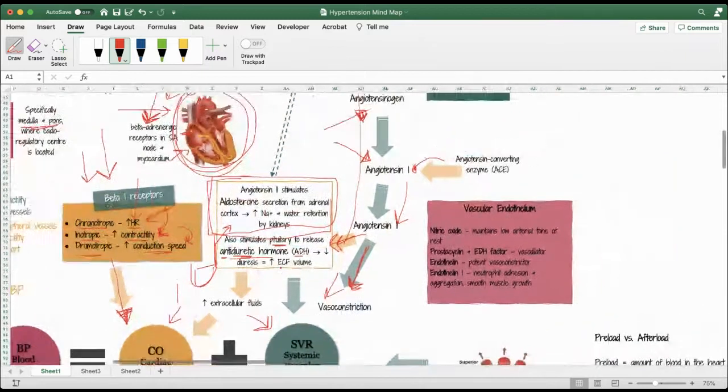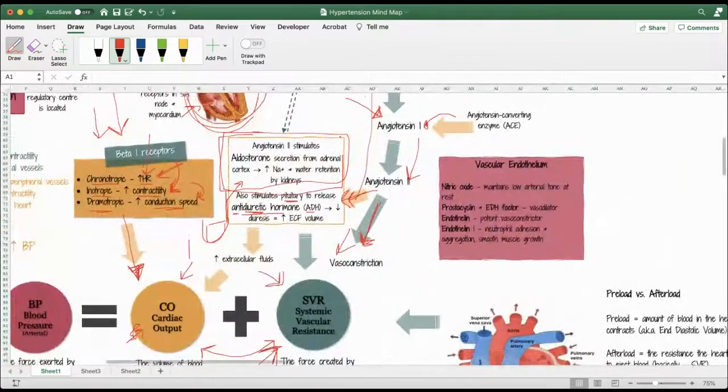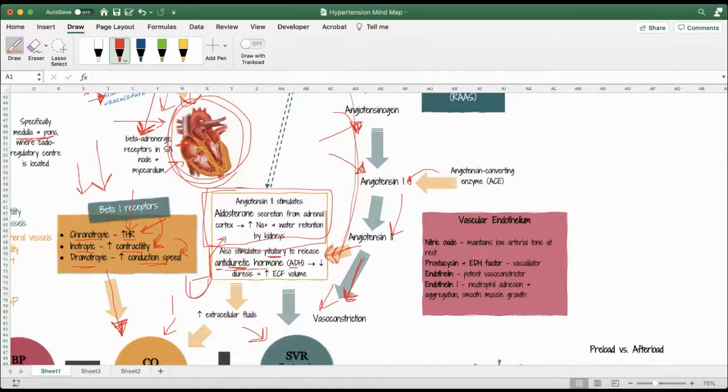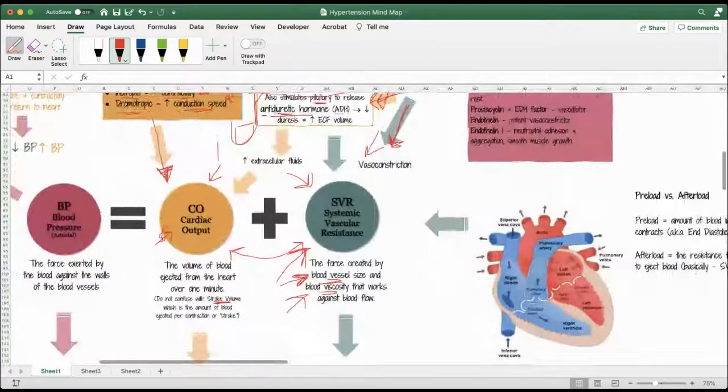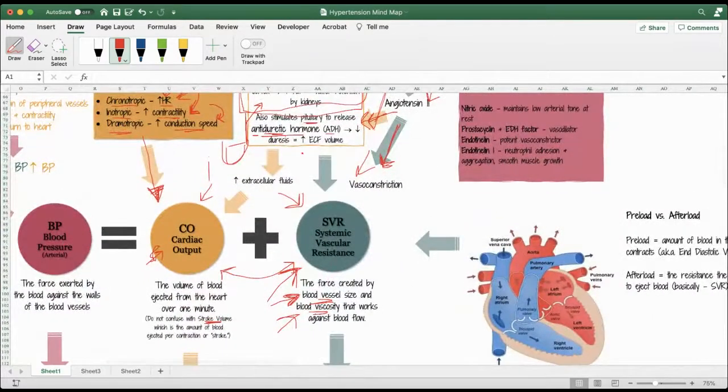But you're on the right track, because if you look at that whole other path we followed down here, it is going to be both, right? As soon as you increase that extracellular fluid volume, that's going to affect cardiac output, how much blood is pumping out of the heart.